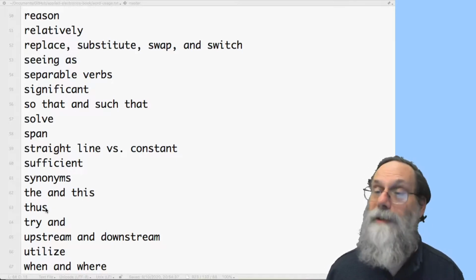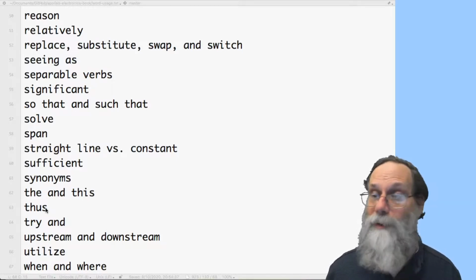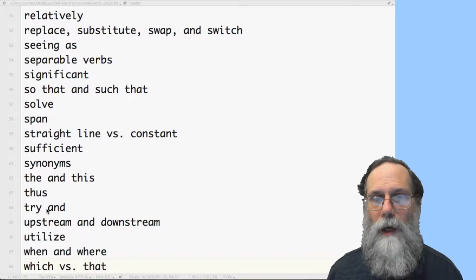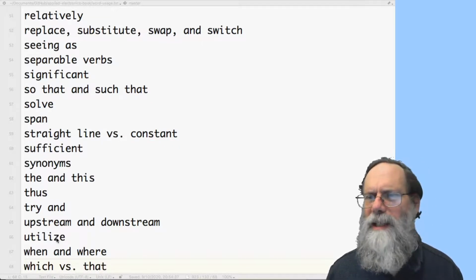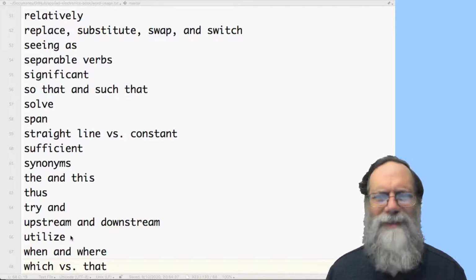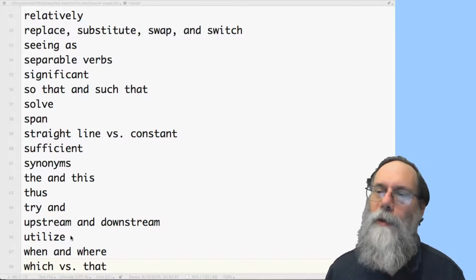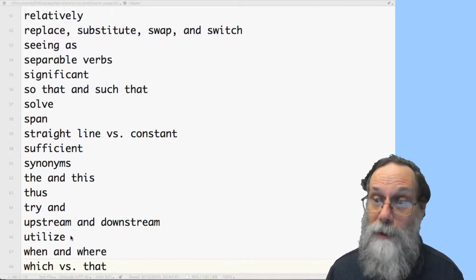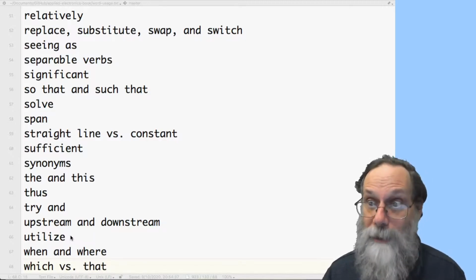Use "therefore" if therefore is what you mean. Don't use "thus" when you mean "therefore." And here's a word I hate, "utilize." Don't ever use it. The word you want is "use." Use is a perfectly good word. Use it.